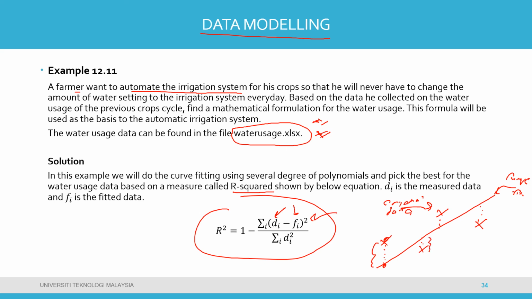You sum error 1, error 2, error 3, error 4. You square it first and then you sum it, and you divide by the original value.